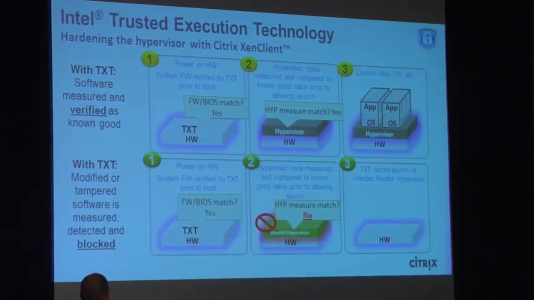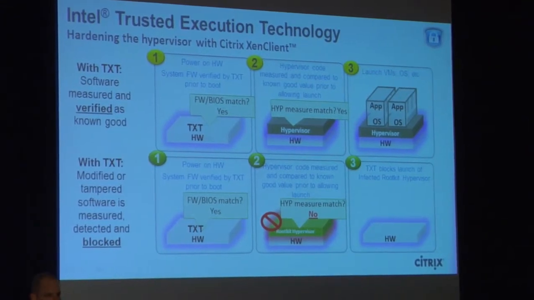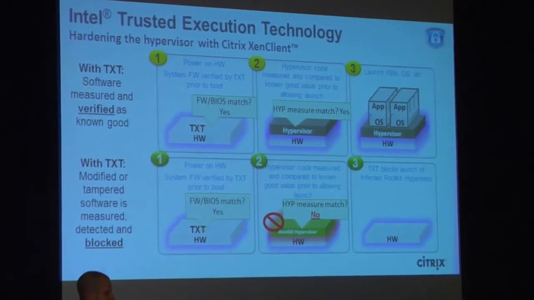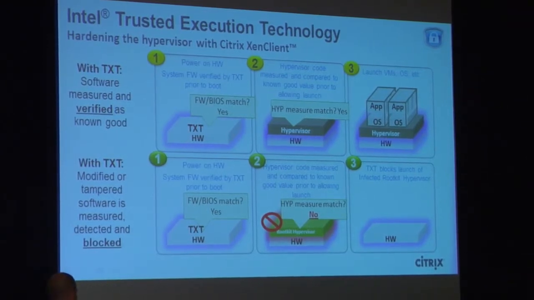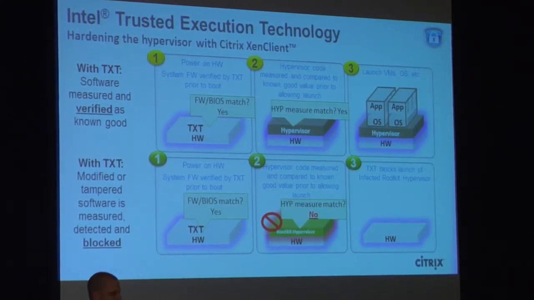The case on the bottom is when the hypervisor, let's say, has been modified. So the system boots, the firmware and BIOS match the last known good value, but the hypervisor, maybe the user accidentally installed a rootkit like Blue Pill, the hypervisor has been compromised. So the new measurement does not match the last known good value.